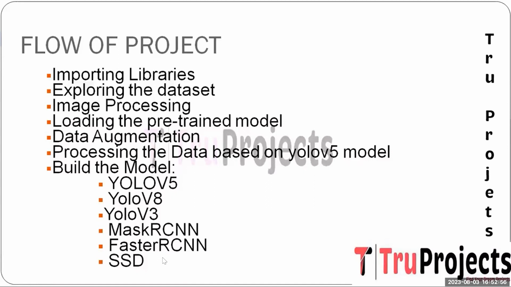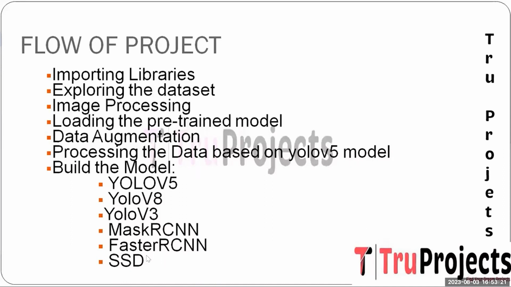And the next one is Faster RCNN. It is a widely adopted object detection framework that introduced the region proposal network for efficient region proposal generation. It offers accurate and fine-grained localization of objects, and in this project, Faster RCNN is considered for its capabilities in detecting humans and faces.